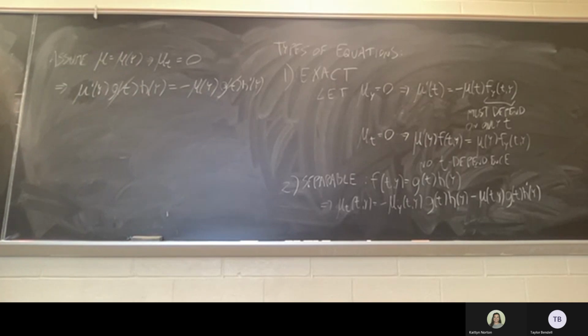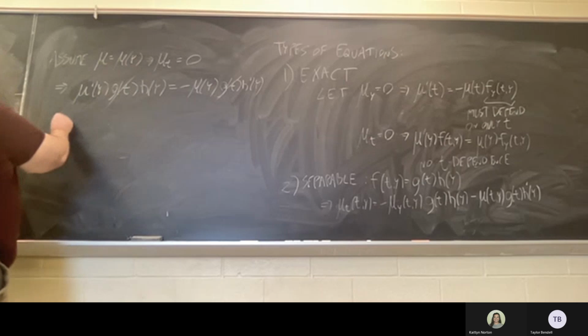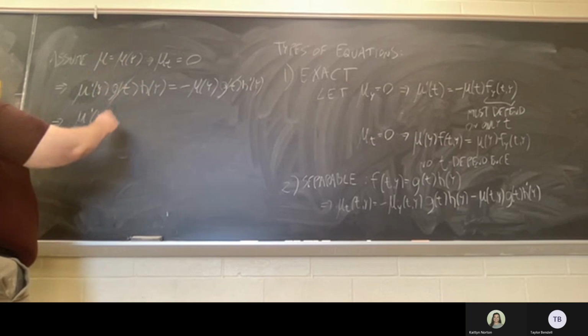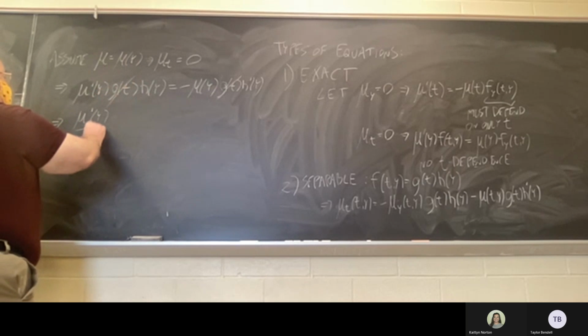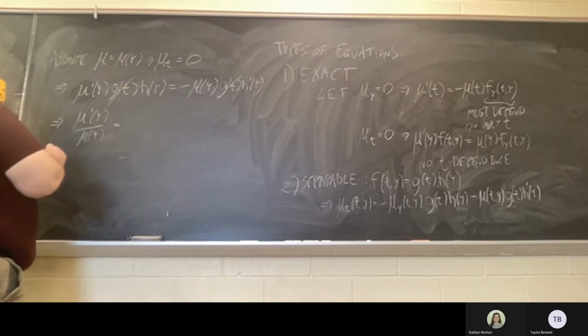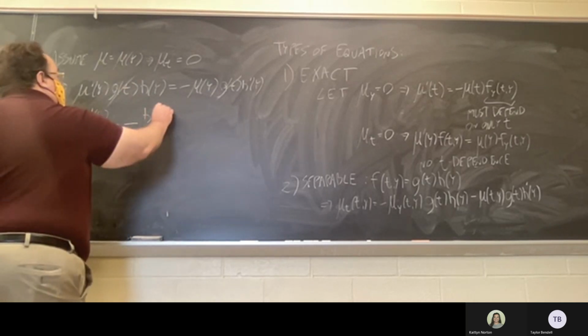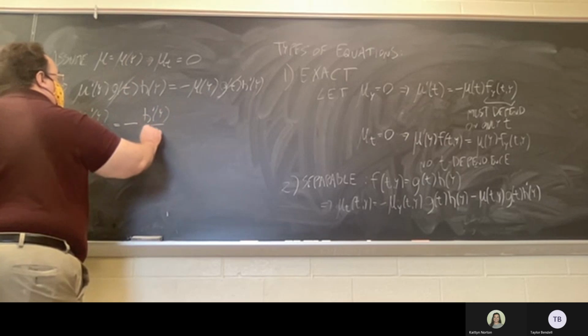All right, so now let's see what we have. Now I have mu prime of y, and I can divide both sides by mu, assuming that this is not 0. So that's equal to minus h prime of y over h.